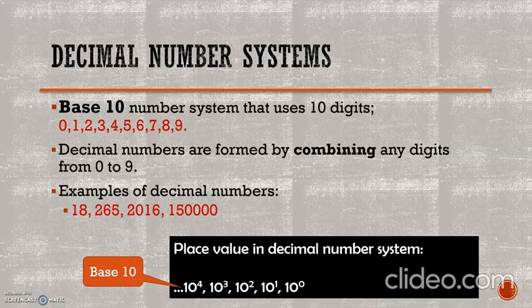We know that each digit in a number, for example 18, has a place value. In the number 18, digit 8 is 10 to the power of 0, which is 8 ones. That's why the value is 8, right?